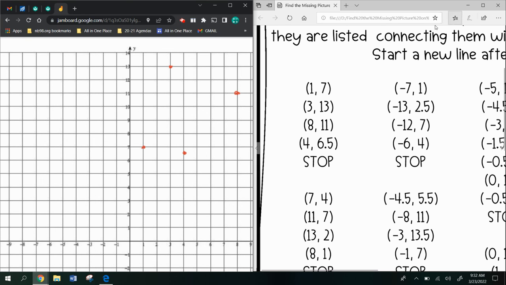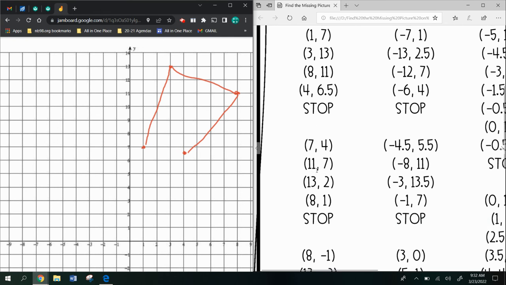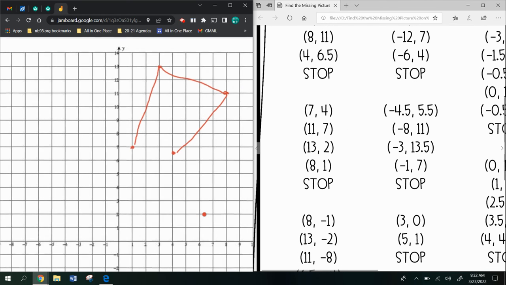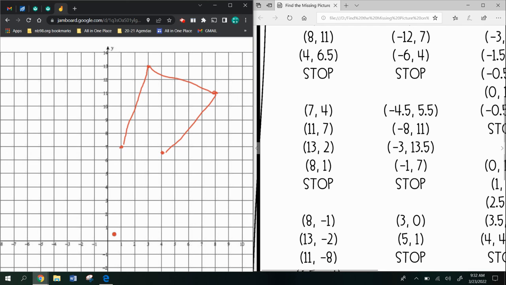I'm supposed to connect 1 comma 7 to 3 comma 13, 3 comma 13 to 8 comma 11, and then 8 comma 11 to 4 comma 6.5. And then it says stop. So I don't connect the last two. I just connect these two. I stop. Then I move on to the next section. Some of you went down, some of you went to the right. 7 comma 4.